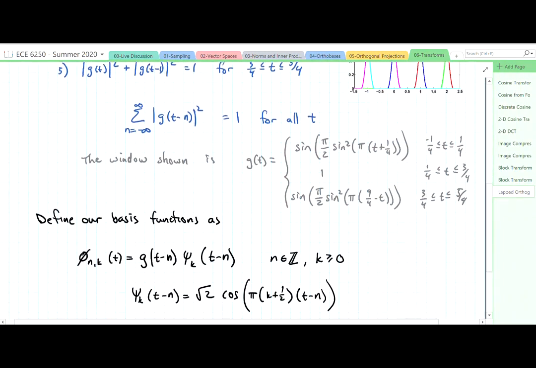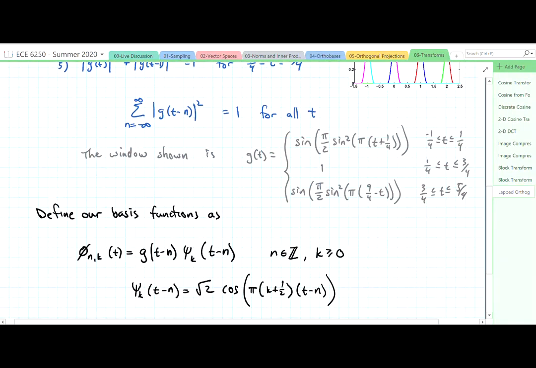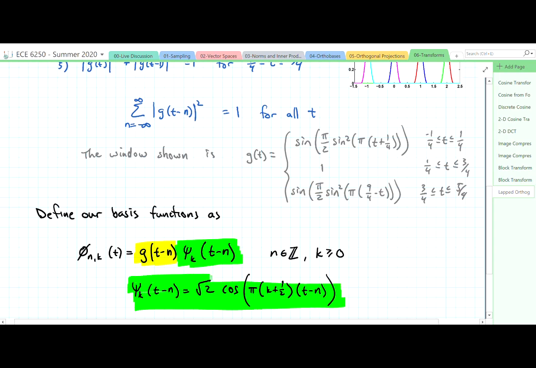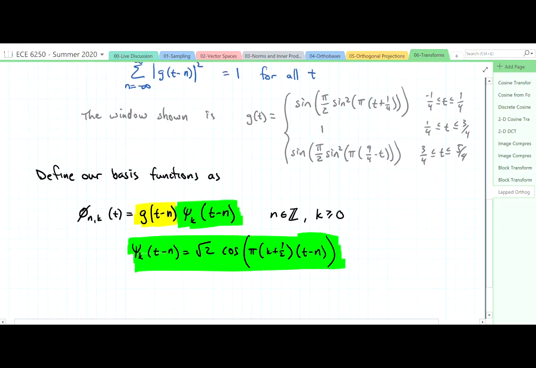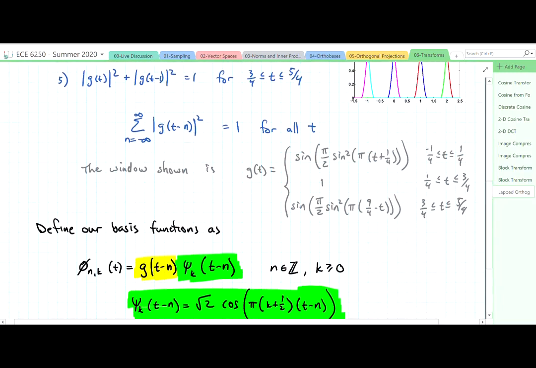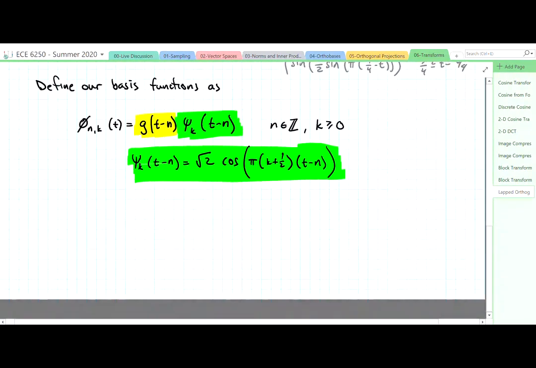Okay, so once we've done that, we can define our basis functions as a product of our window and the cosine 4 transform. So the cosine 4 transform basis, so you don't have to scoot back and look for it, is given right here in orange or green, and g of t is given by those properties above.